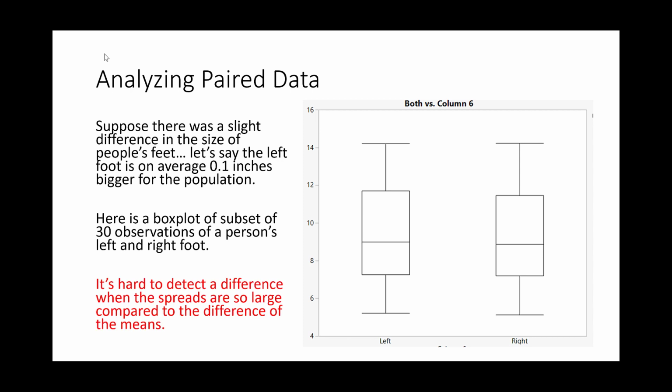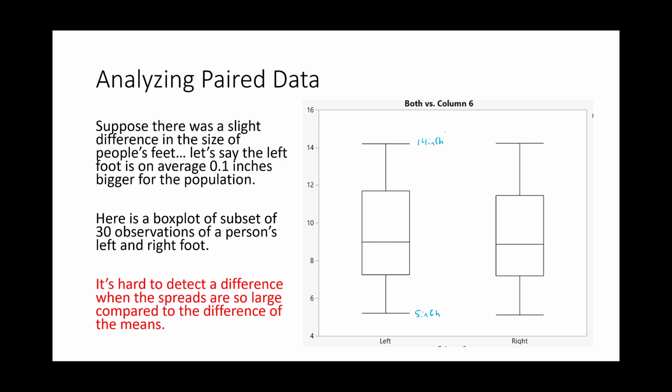And that's because many times when you're dealing with paired data, there may be a difference between your two sets of data in terms of the average. But if that difference is very small in comparison to the spread of your data, then it's going to be very difficult to detect or see. In this case, we see observations that have about a 5-inch foot compared to a 14-inch foot.